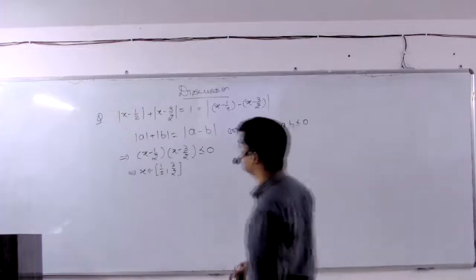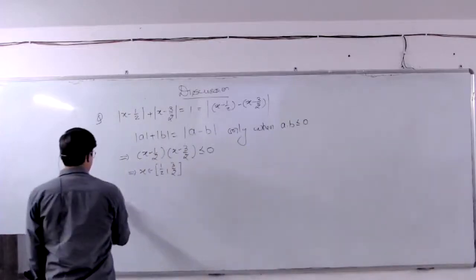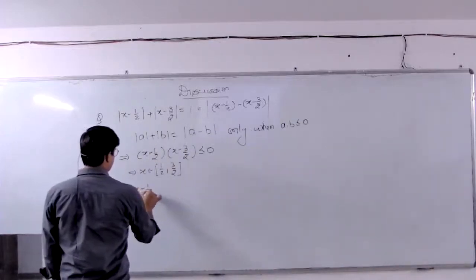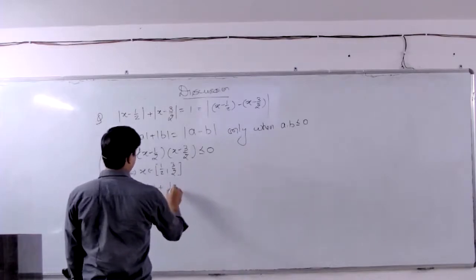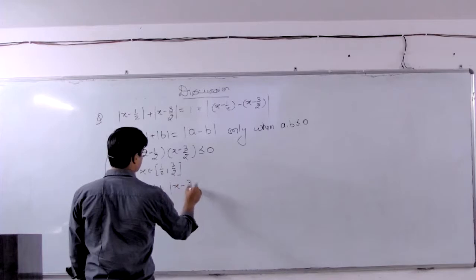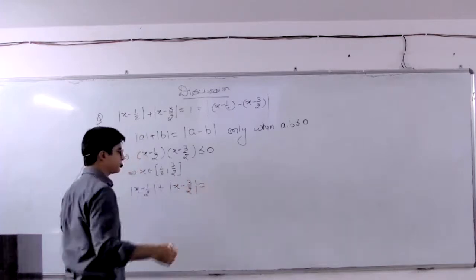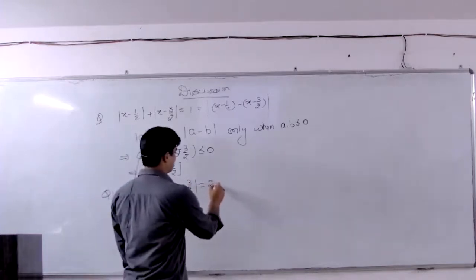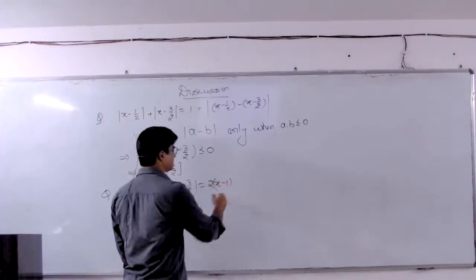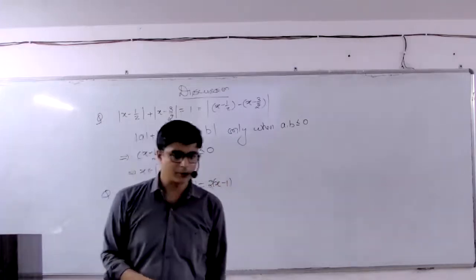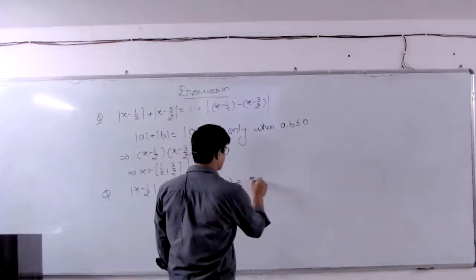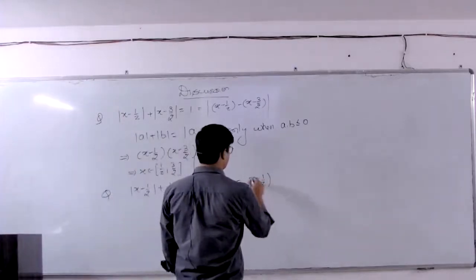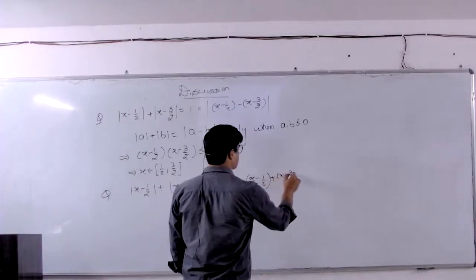Now, let's say mod of x minus 1 by 2 plus mod of x minus 3 by 2 equal to what? 2x minus 1, 2 of x minus 1? Yes or no? It is actually equal to x minus 1 by 2 plus x minus 3 by 2.